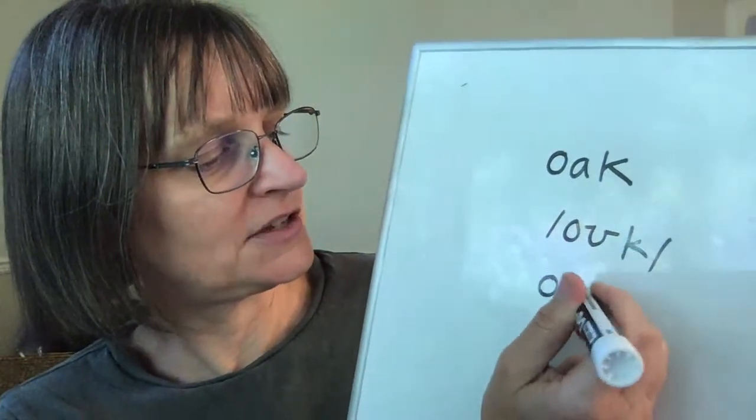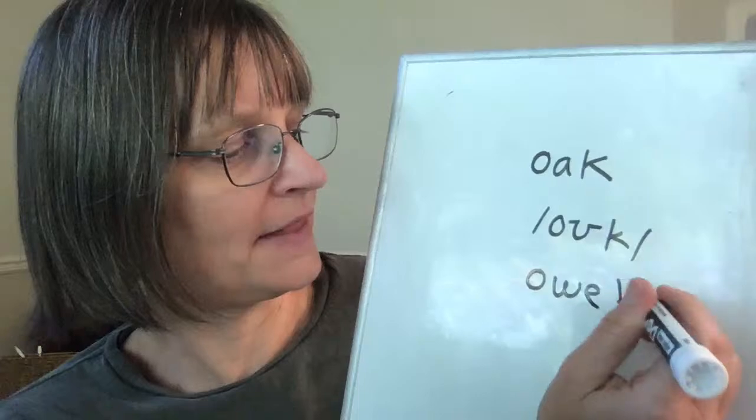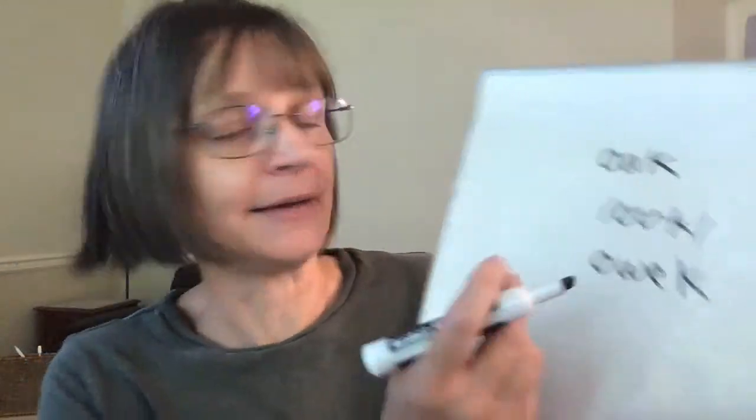You might write it this way if it helps you to think about O, like I owe you money, and then we add the K, oak. Yeah, okay. Rhymes with some other words with the same spelling, like cloak, or poke has a different spelling, but it also has an O and an E, 2 vowels for our O.